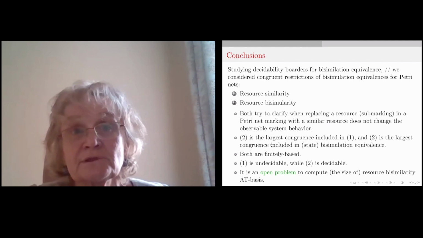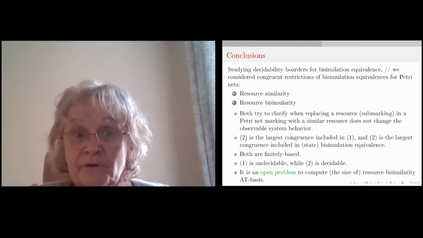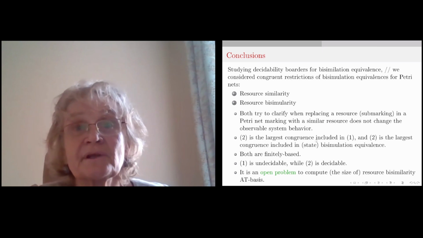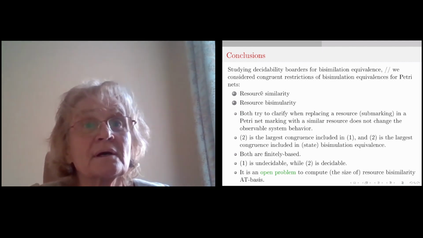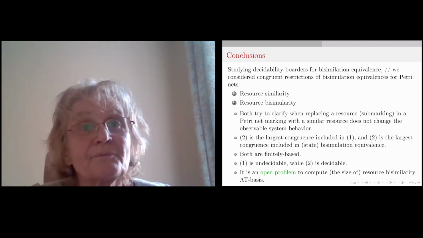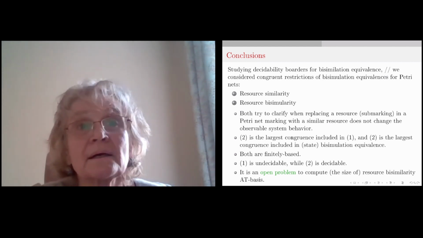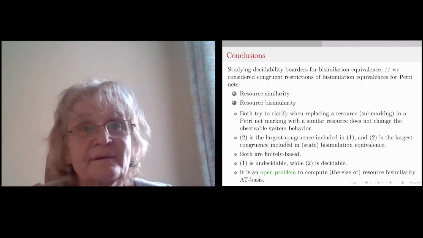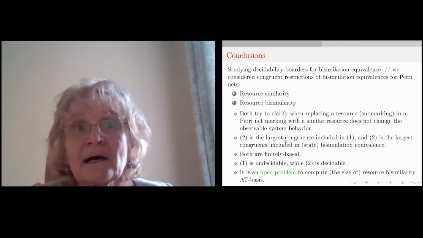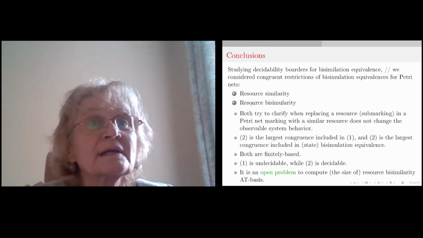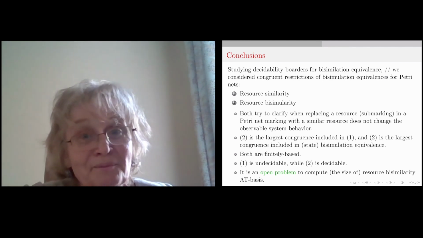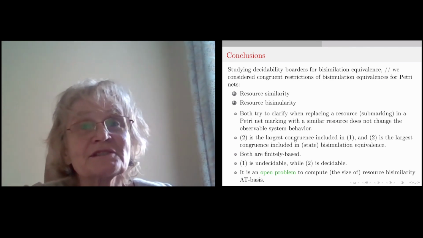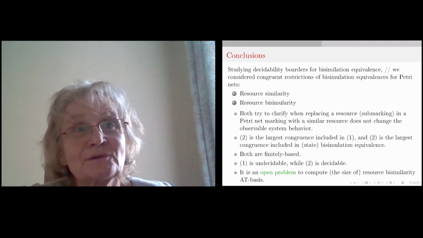And then both are congruences. So resource bisimilarity is the largest congruent bisimulation included in marking bisimilarity.